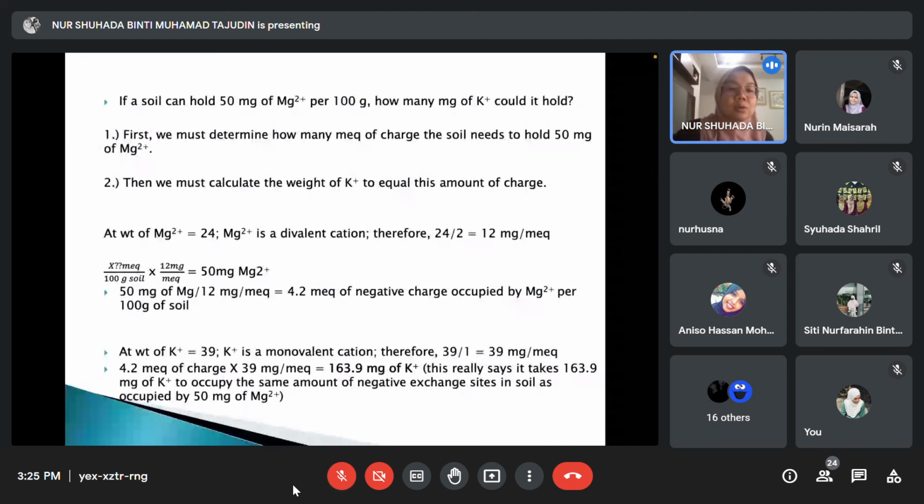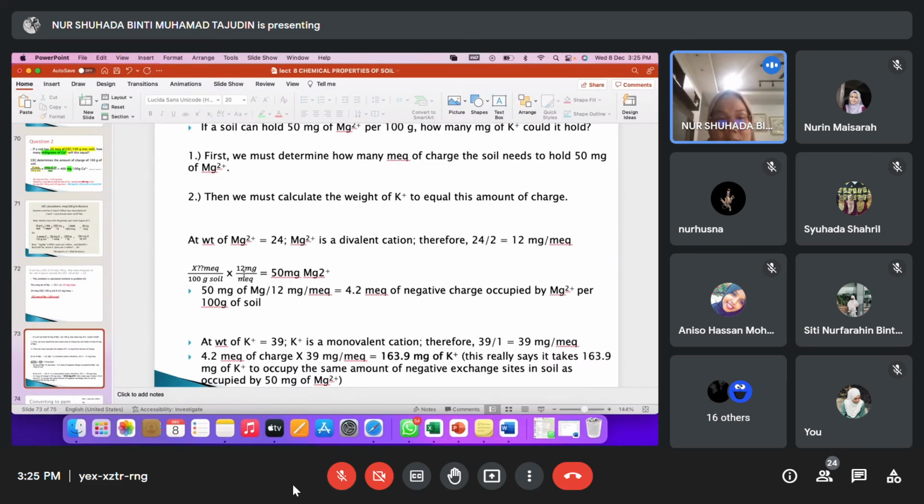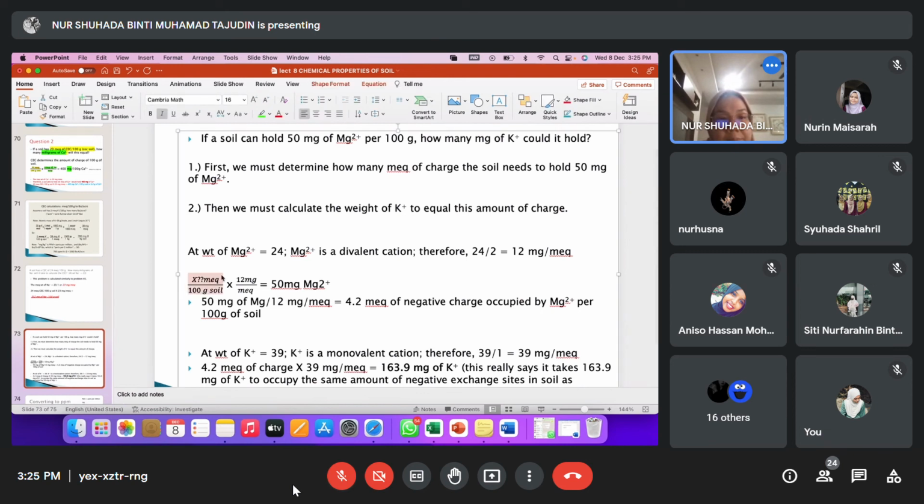We don't know the MEQ yet, but we know 1 MEQ of soil, if it's Mg, can bring 12, because you have to divide: 1 MEQ of soil can only bring half of it. So 12 mg over 1 MEQ, just multiply as usual.